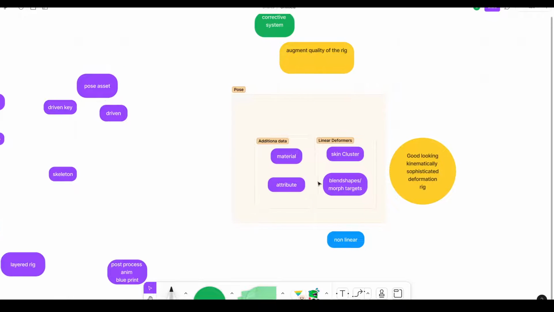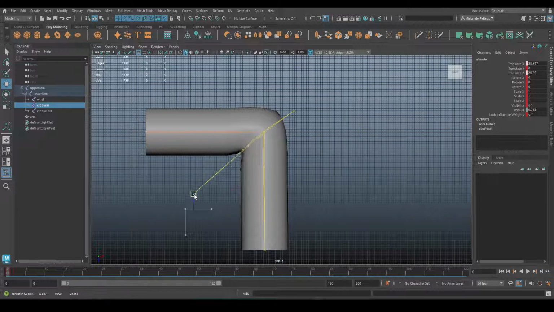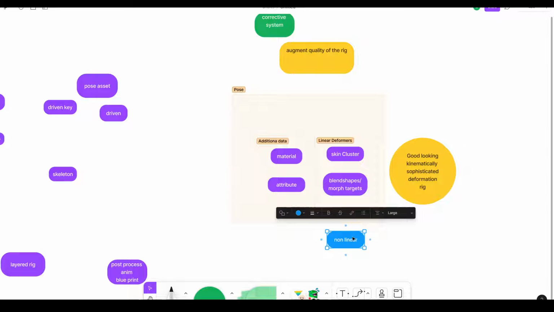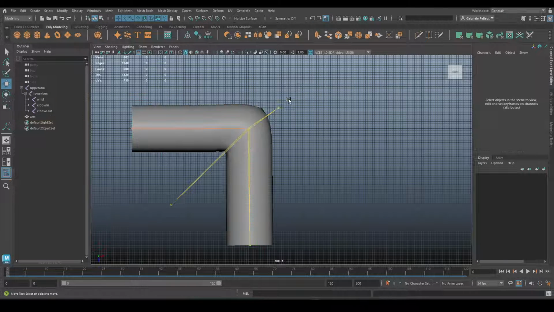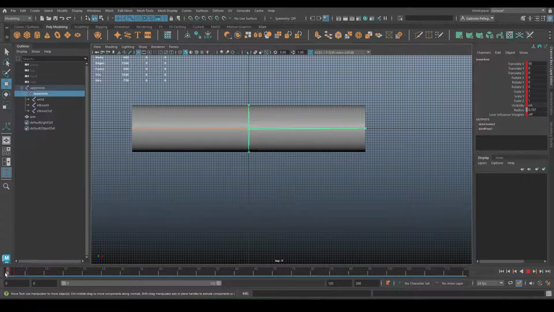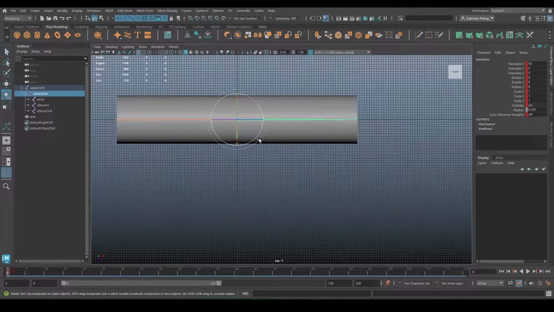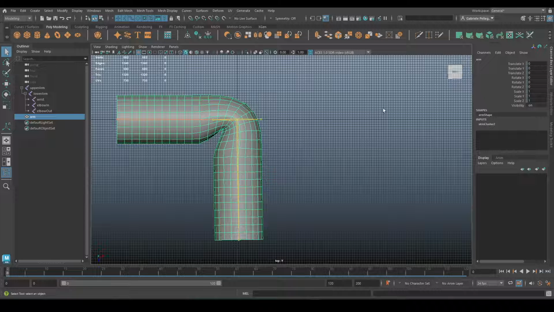Okay, now let's talk about why I think the combination of these two is quite important. And I want to talk a little bit more about nonlinearity before sorting all of this stuff out. You could say that when I rotate this, I simply want to sculpt a blend shape that fixes this.